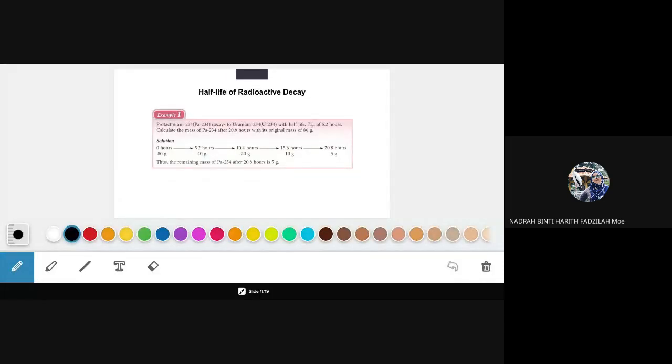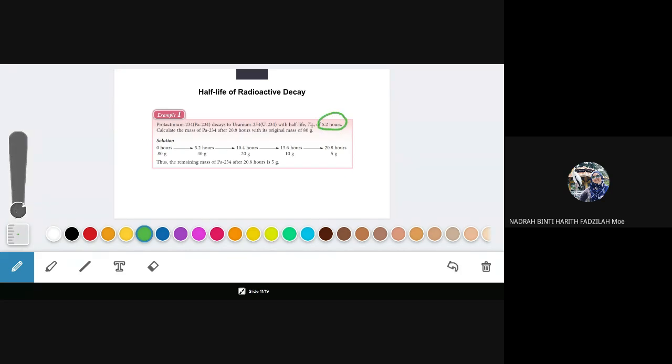So, kejap ya. Saya share saya punya screen yang similar dengan kamu ya, so that you can see here whenever I wrote something on the slide. Okay. So dekat sini dia bagi tahu half-life dia ialah 5.2 hours.